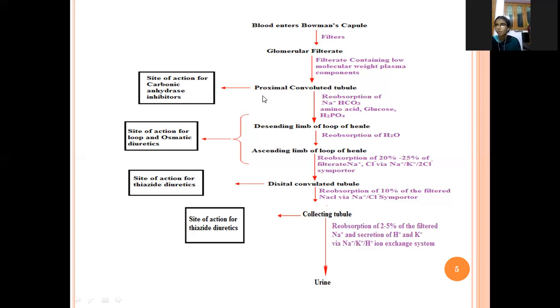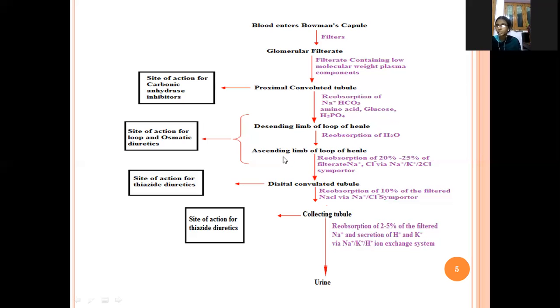In the proximal convoluted tubule, the carbonic anhydrase inhibitor acts to inhibit the reabsorption of sodium and carbonic acid. Next it enters the descending limb of the loop of Henle, followed by the ascending limb. On these two limbs, the loop and osmotic diuretics act to inhibit the reabsorption of sodium and chloride ions.